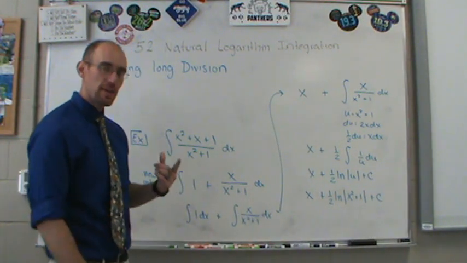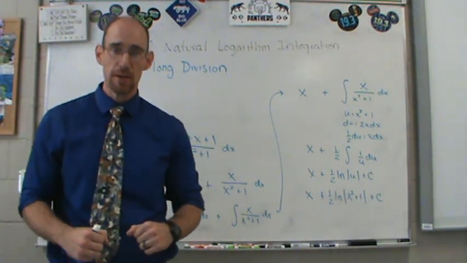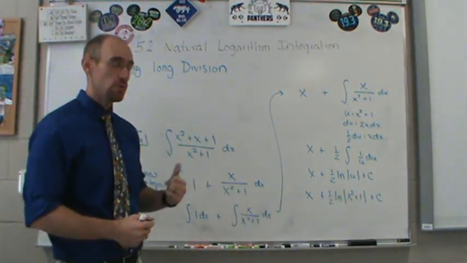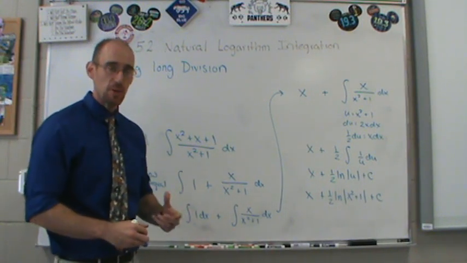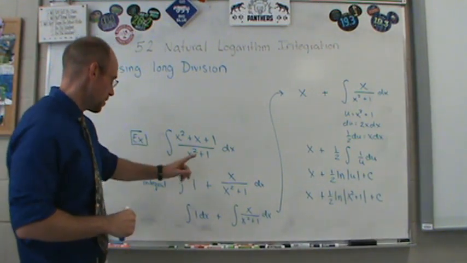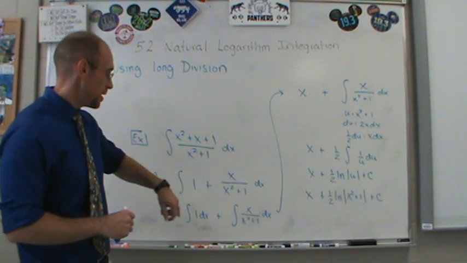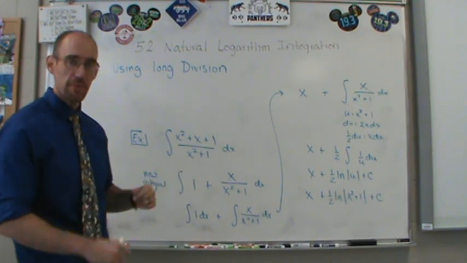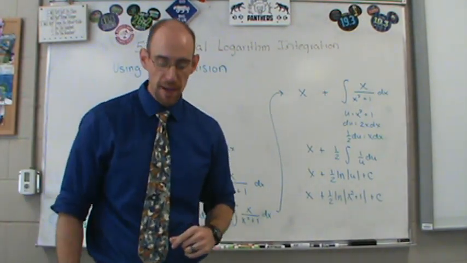All right, so again, recap: whenever the degree is higher or the same in the numerator as in the denominator, we have to do long division. Simplify it, and we're going to take that answer, the quotient plus the remainder over the divisor, which was right here, and integrate our new simplified function there. And typically we'll get some natural logs out of that.